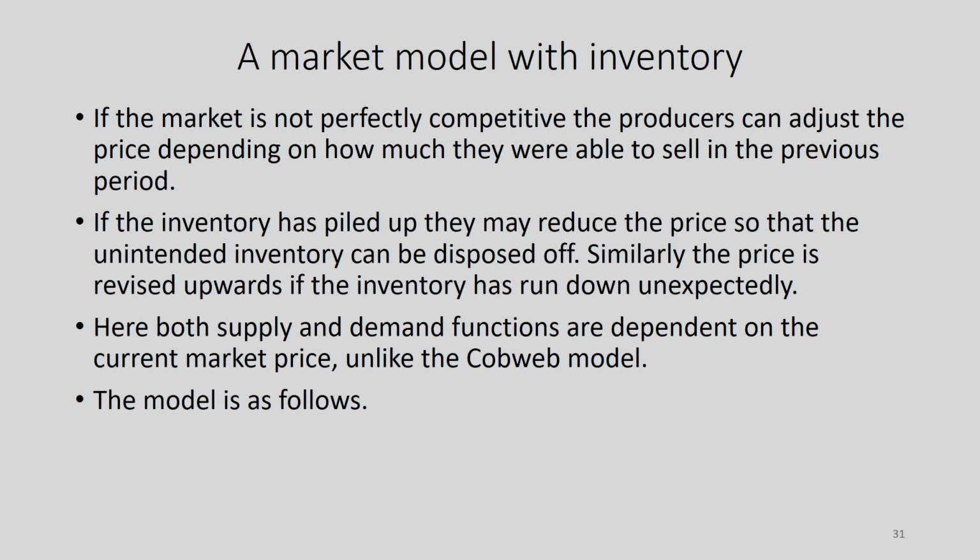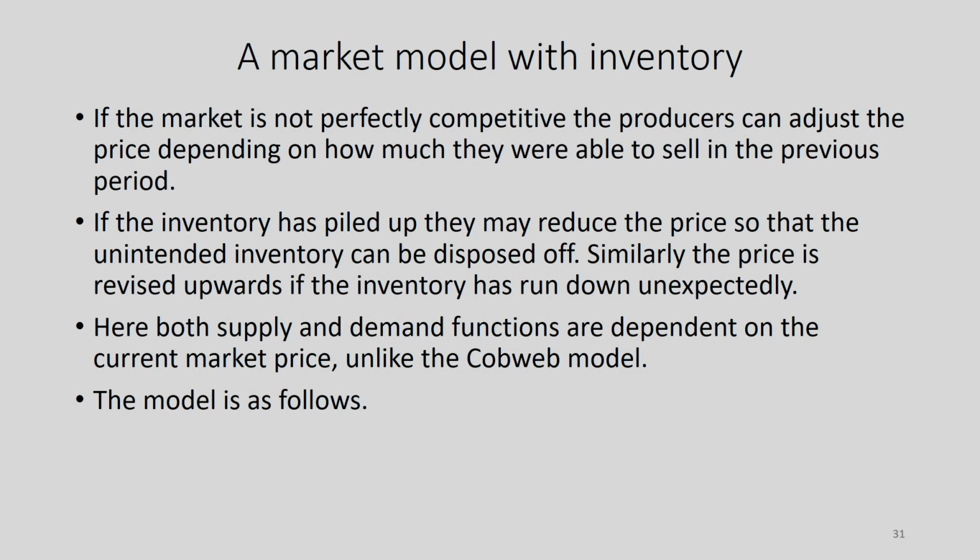So, here price is not determined automatically by equality of demand and supply. Here price depends on how much the producers were able to sell in the previous period. In other words, it is the producers who determine the price. So, this is the market model with inventory.